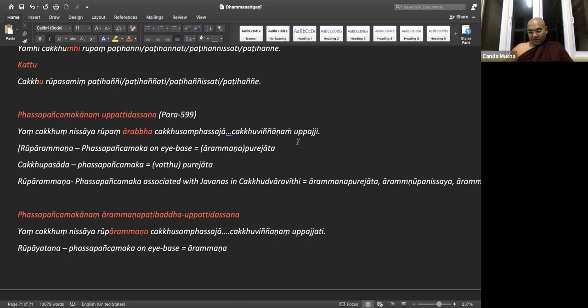One thing is uppādadassana, in order to show the rising of the group of 5, led by phassa. And another one is ārammaṇapaṭibaddha uppādadassanavasena. First one is uppādadassanavasena, just by means of showing the rising.